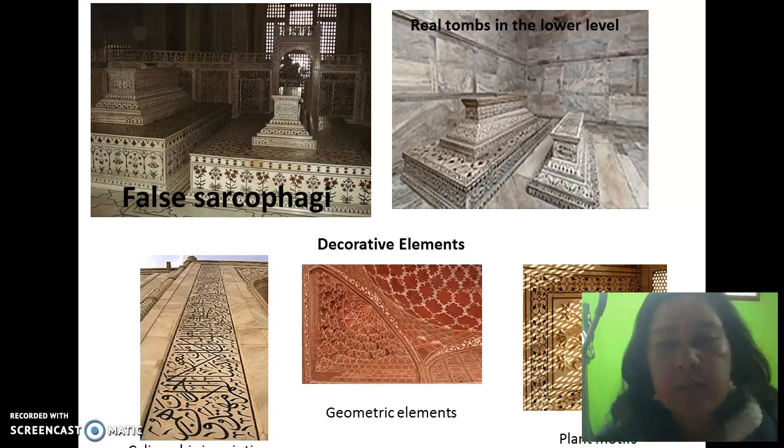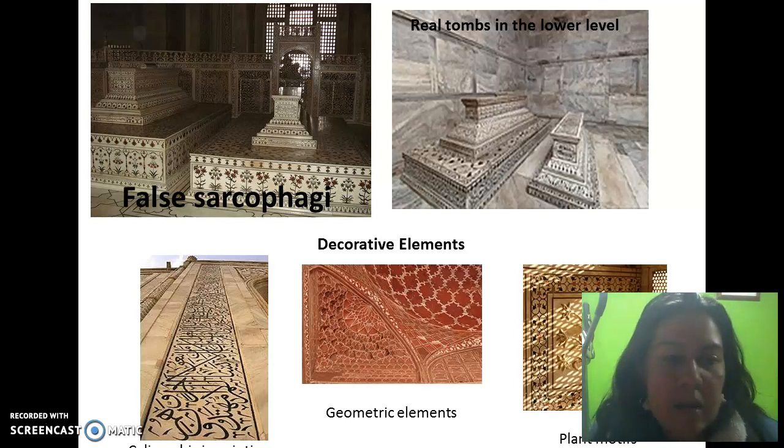Now, some details about the construction inside and outside. The first of them is 2 false sarcophagi. They represent the tombs of the princess Mumtaz and her husband Shah Jahan.